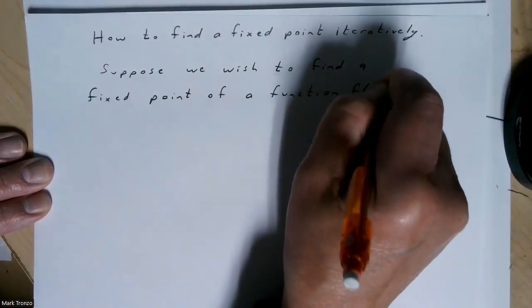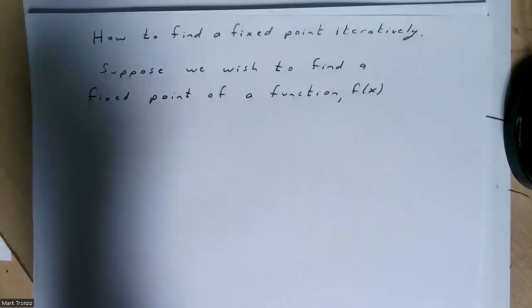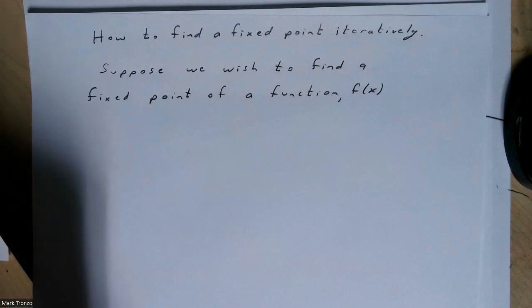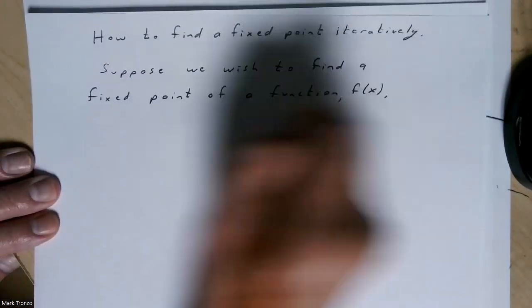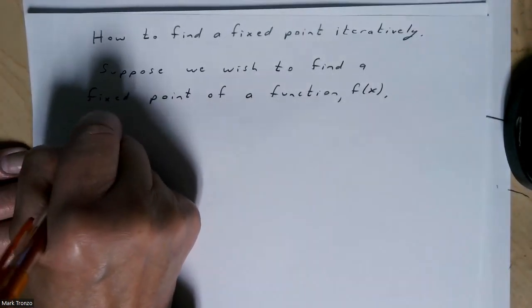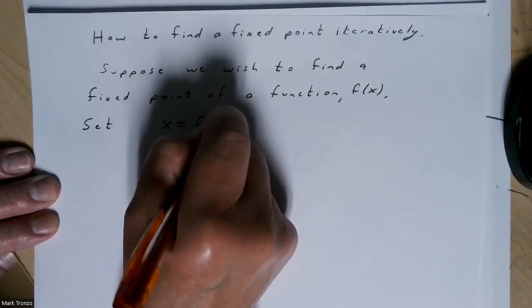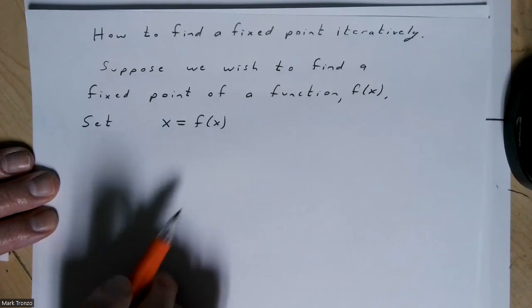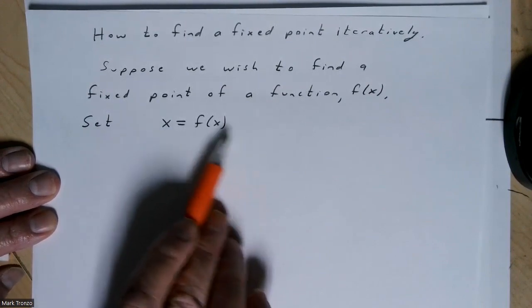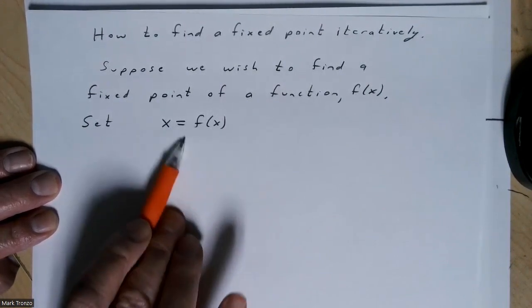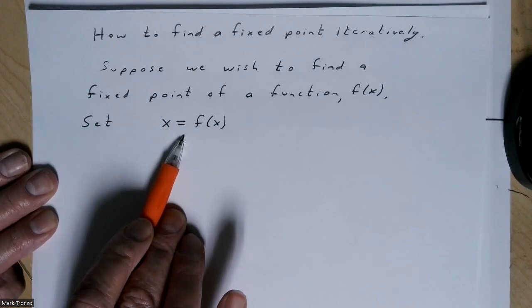You can call it f of x. Then what we do is set x equal to f of x like we normally do, except I just rewrote it. Before we were writing f of x equal to x, I just reversed it. It'll be a little bit more convenient this way.